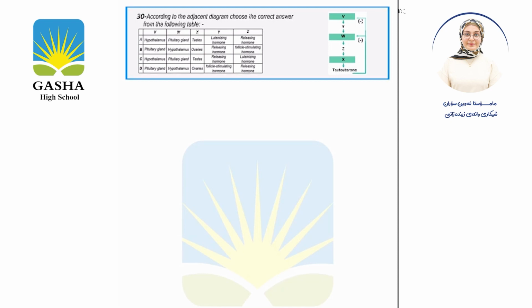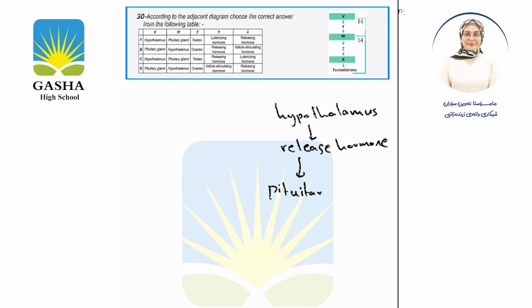First of all, the hypothalamus releases a releasing hormone, which affects the pituitary gland to secrete luteinizing hormone.